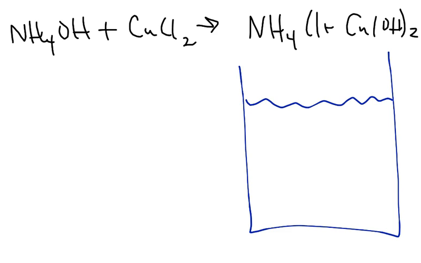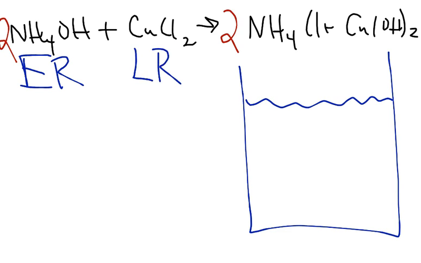All right, so the last one we'll do together is ammonium hydroxide plus copper 2 chloride goes to ammonium chloride plus copper 2 hydroxide. I keep forgetting to balance these at first. So we have a 2, and we should be fine. Once again, I'm going to tell you that this right here will make this the excess reactant and this the limiting reactant.